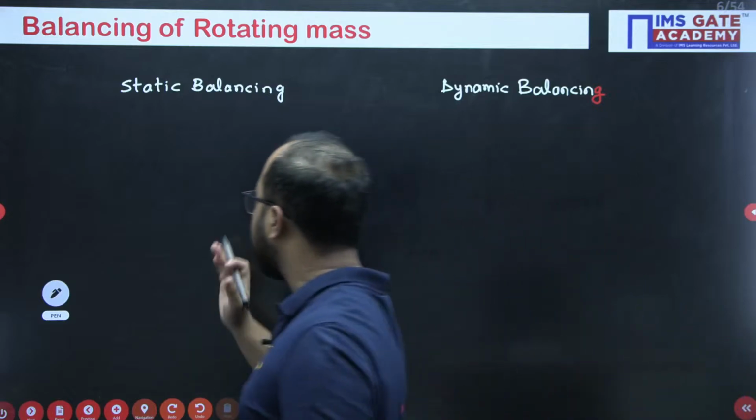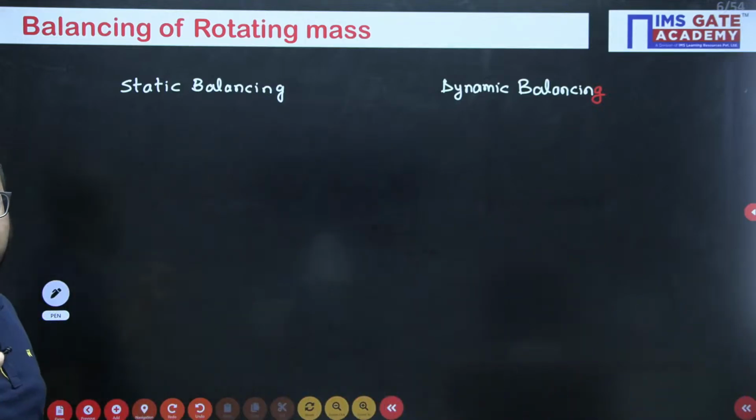Now, what is the basic difference between static balancing and dynamic balancing? Please understand. In static balancing, all the masses are in the same plane.